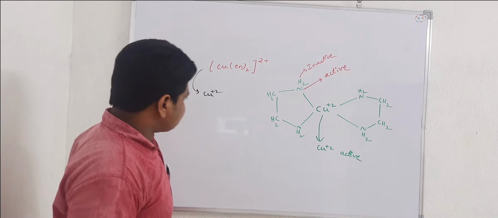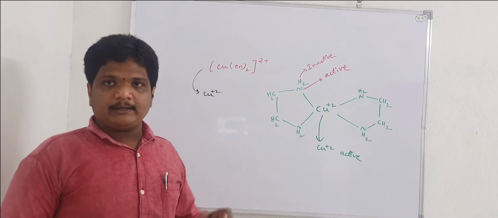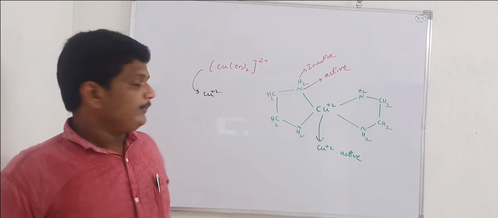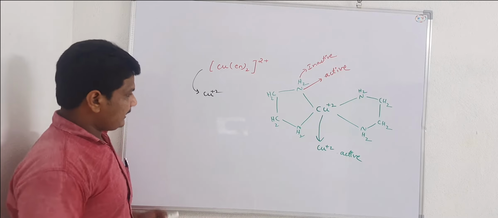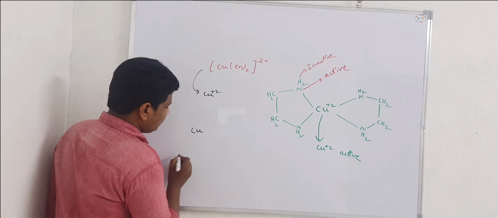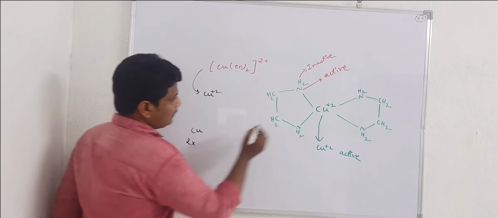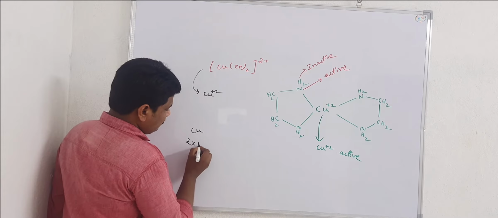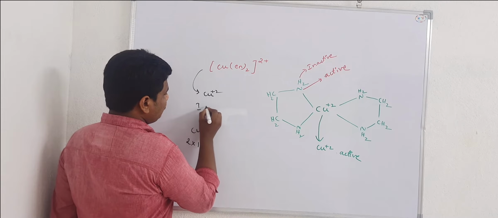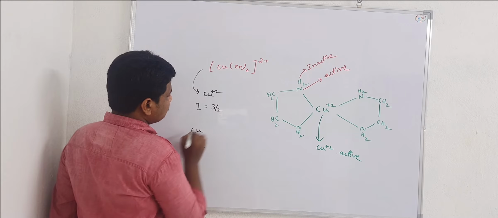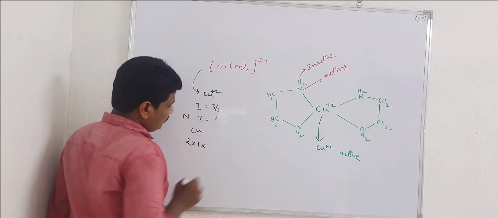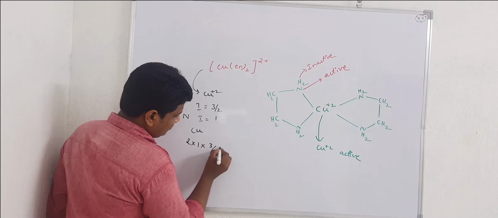Now let us calculate the number of lines that we observe in the high resolution EPR spectrum. Here we can apply the 2nI plus 1 rule. For copper, 2 into the number of copper atoms, that is 1, into the I value of copper. They have given the I value for copper as 3 by 2, so 3 by 2 plus 1.